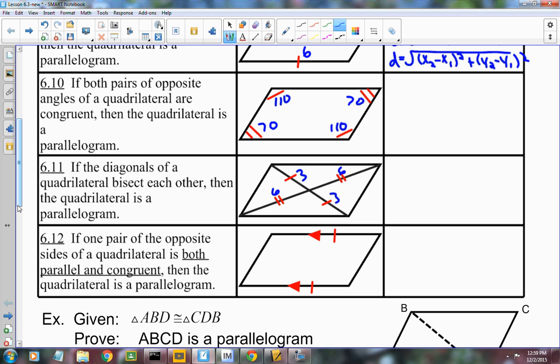What would you have to look at in order to determine if it was a parallelogram? Okay, you would have to look at the midpoint of both diagonals. Okay, it has to be the diagonal. And if you can show that both diagonals have the same midpoint, then it's going to be a parallelogram. So you would show both diagonals have the same midpoint.